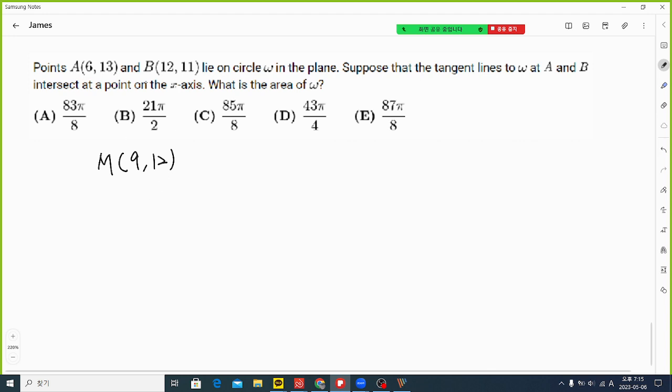And then the slope of AB is -1/3, so that means the perpendicular slope is 3. So the equation for the perpendicular bisector is y is equal to 3 times x minus 9 plus 12.